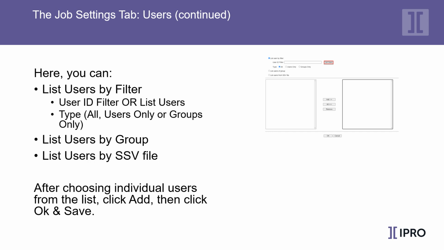Let's select the List Users button in the upper left, and once they populate in the box on the left-hand side, click Add after selecting them, and then click OK and Save.